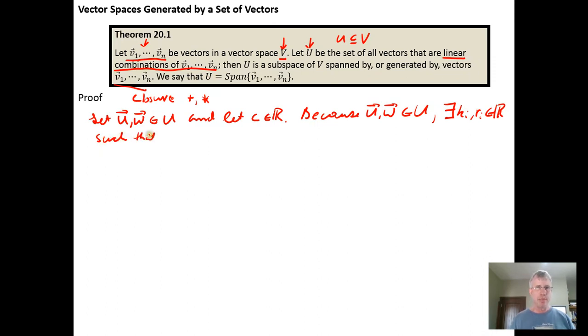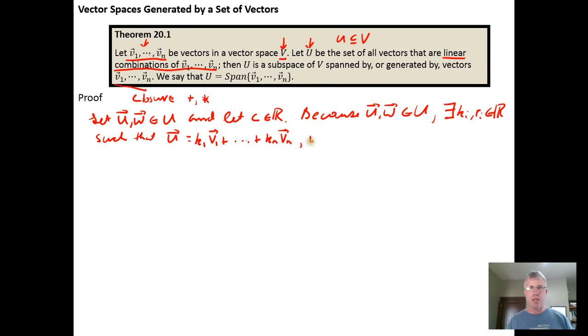such that u and w can be written as linear combinations of V sub 1 through V sub n using those scalars. So the vector u is a linear combination of the n vectors that we've pulled out of V. So k sub 1 times V sub 1 plus all the way through the nth scalar times the V sub n, nth vector right there.